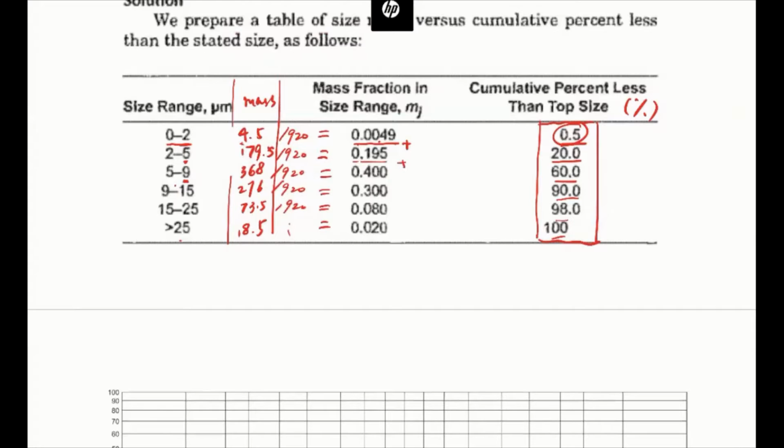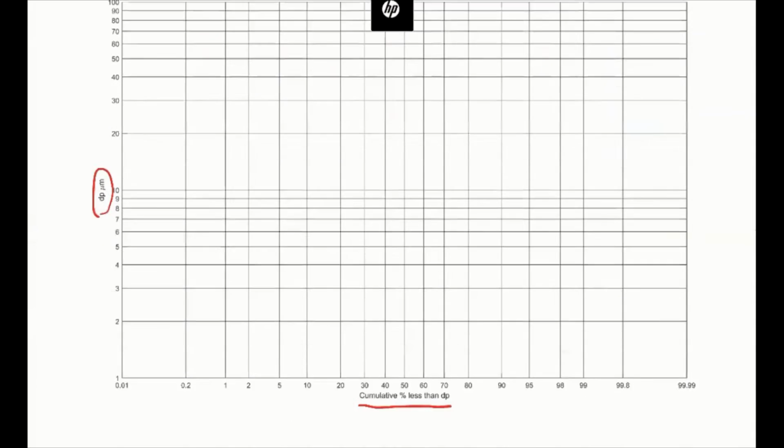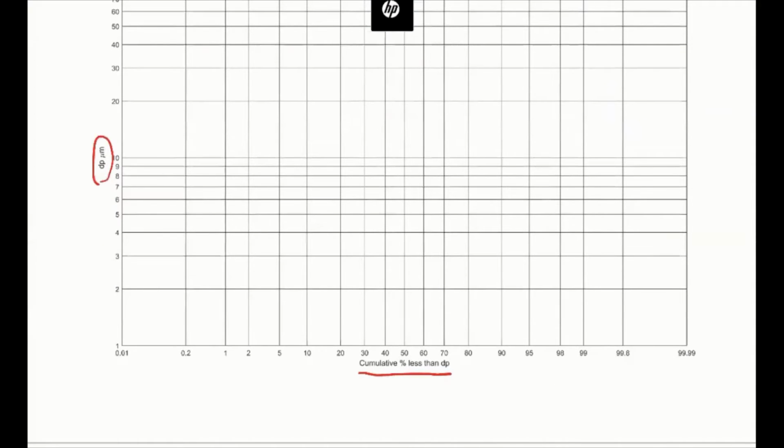Let's say the cumulative mass fraction of particles below 2 is 0.5. So we're just going to add a point corresponding to 2 micrometers and then find the 0.5, okay? So 0.5 is going to be somewhere, let's say here, okay?